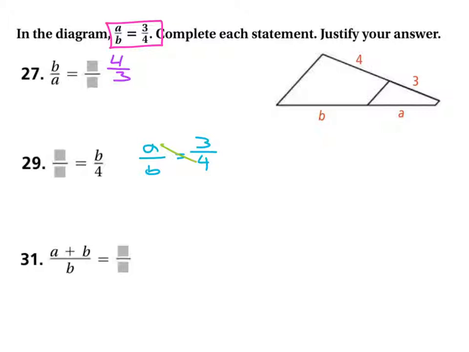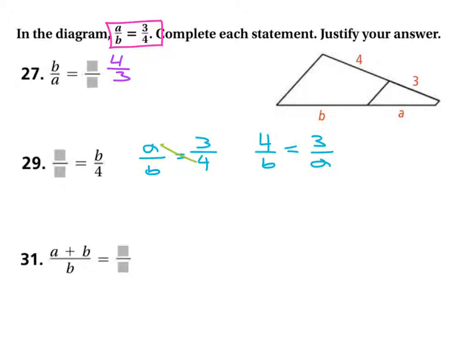Okay, we can switch places with them, which makes sense because if b times 3, or 3b, is equal to 4a, then it doesn't matter whether you have a in one position and 4 in the other, or vice versa. They're still going to multiply together to be equal to 3 times b. So we can switch them. So what do we get when we switch them? We get 4 over b equals 3 over a. You can see that 4 and a switched positions. That was one rule that we're allowed to do.